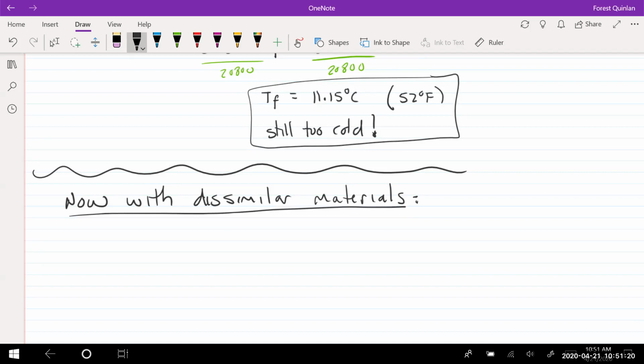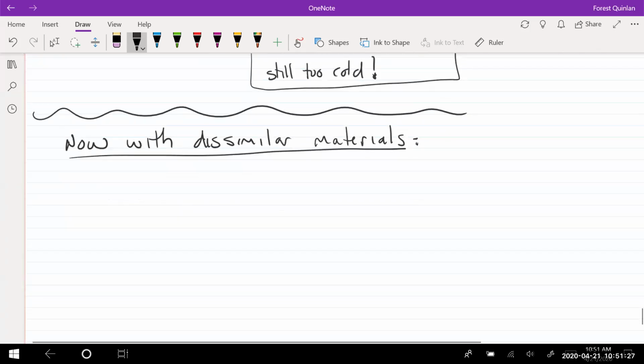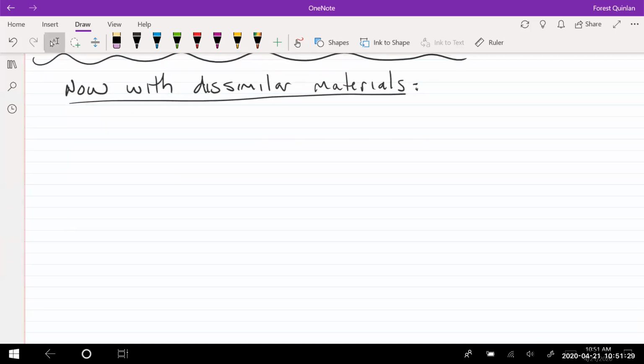Okay, now I'm going to have to rely on some people to do some calculations for me here, because I have switched up my approach to this in conversations with my colleagues.